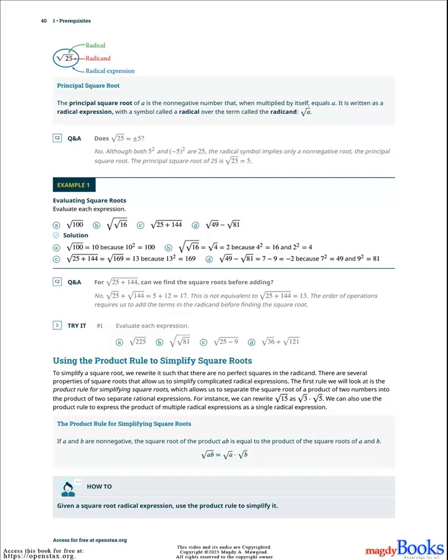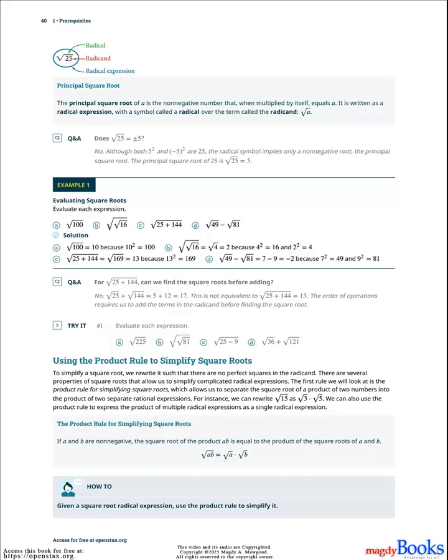Solution. A. √100 = 10 because 10 squared equals 100. B. √16 = √4 = 2 because 4 squared equals 16 and 2 squared equals 4.